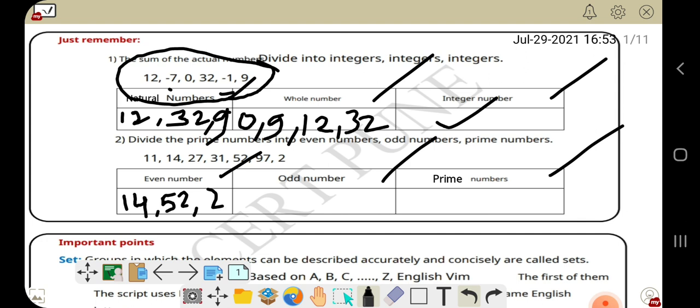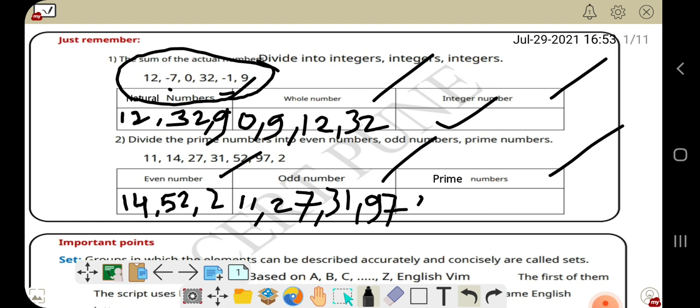Odd numbers, 11 is there, 27 is there, 31 is there, 97 is there, 11, 27, 31, 97. All these numbers are odd numbers. What are the prime numbers here? First of all, prime numbers are the numbers which are divisible by 1 and number itself.